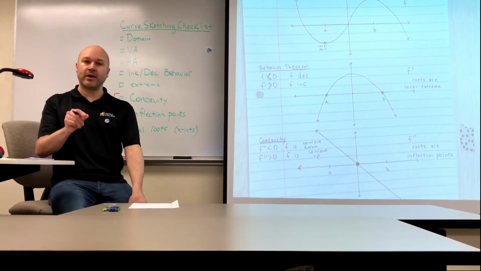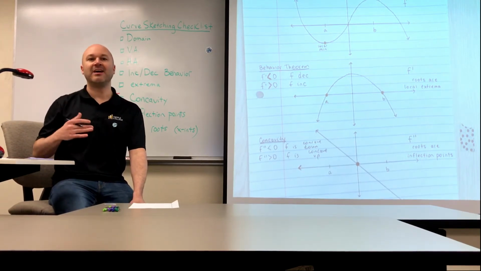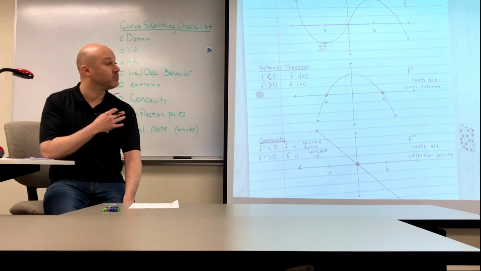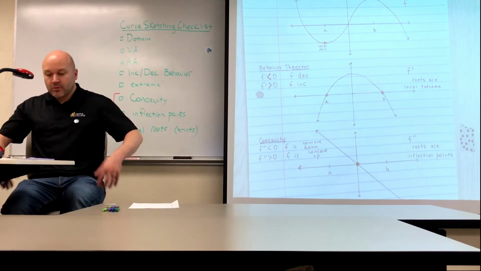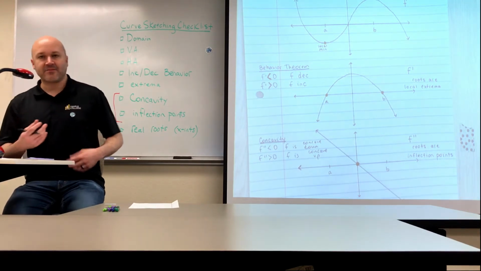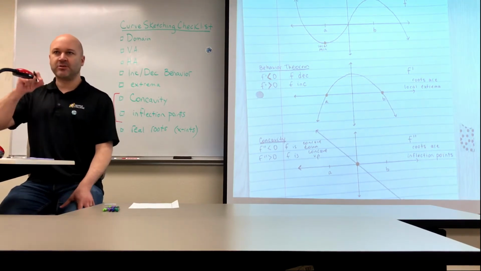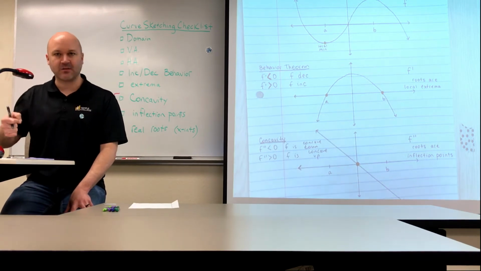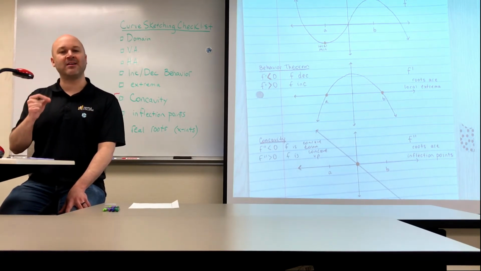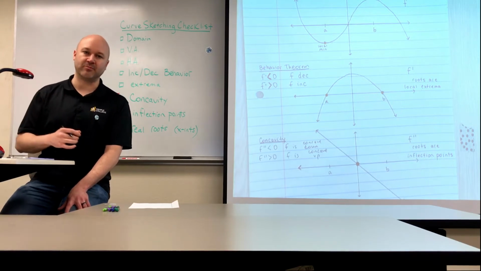And we call the point where the concavity changes an inflection point. So when we're sketching out these graphs, it would help to know where the function changes from being concave down to concave up. We want to find and plot those inflection points.